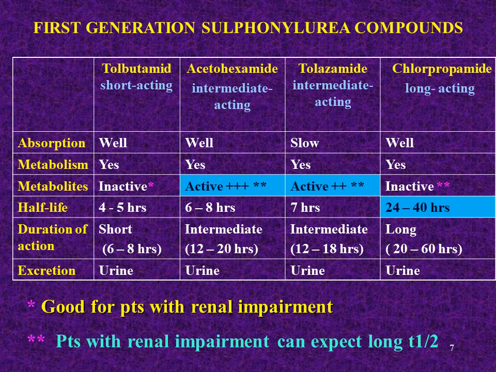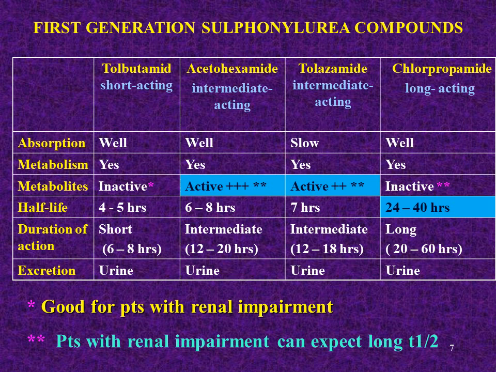This is the first generation sulfonylurea compounds, in which you can see the comparison between the various drugs. The important thing is they are all well absorbed from the GIT. Their metabolism is good.